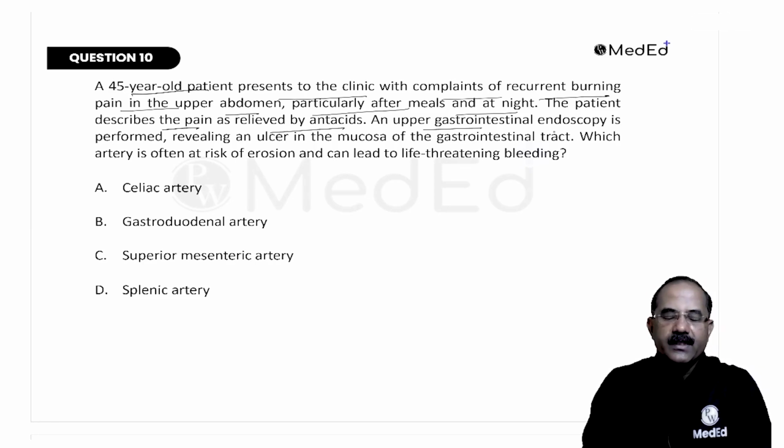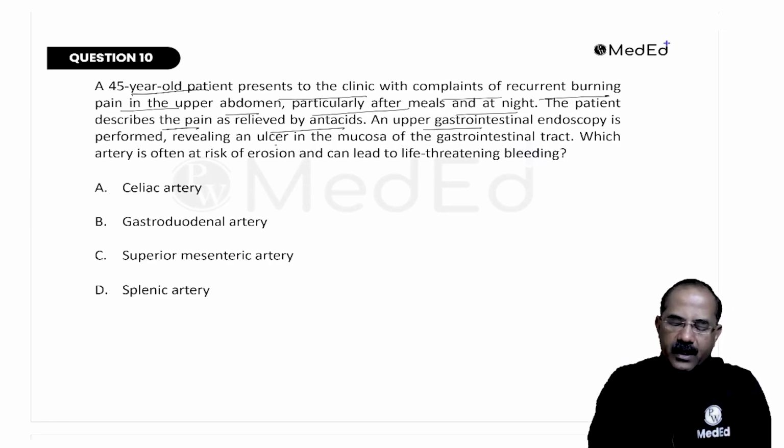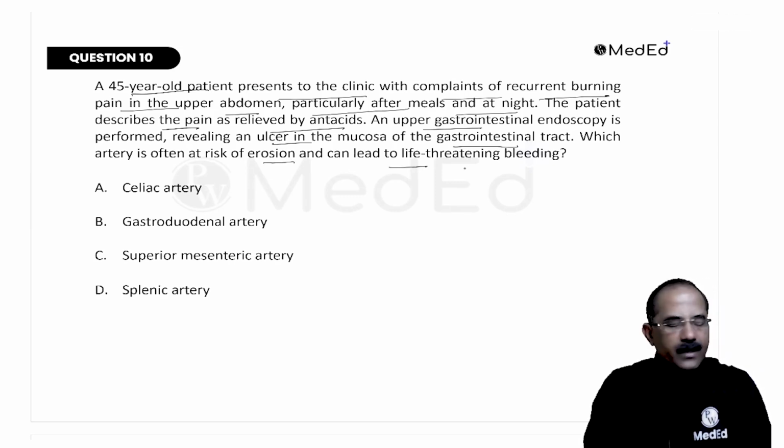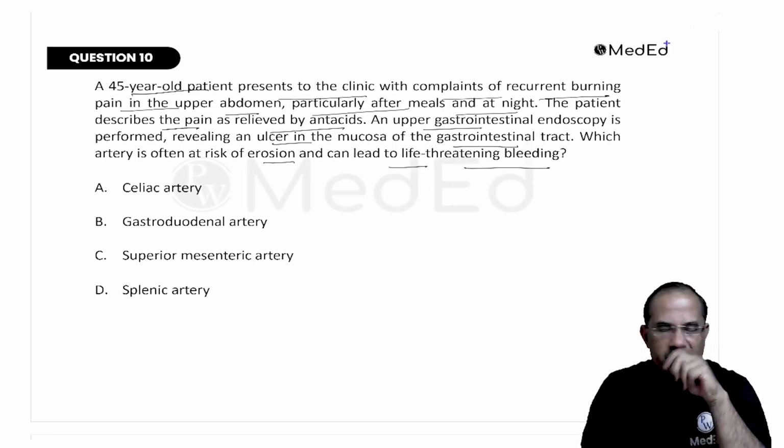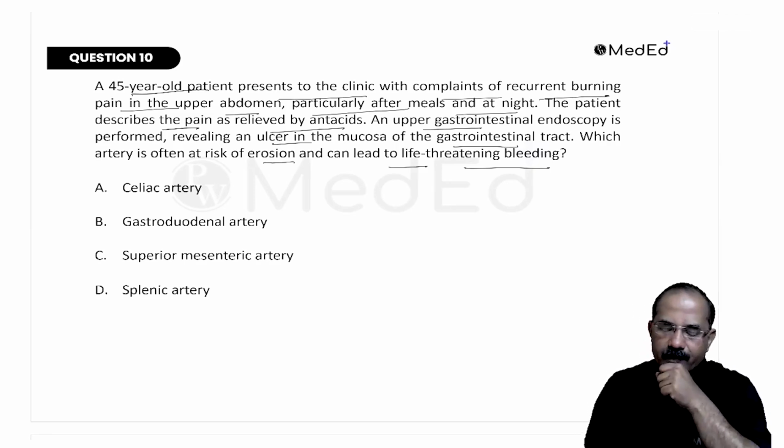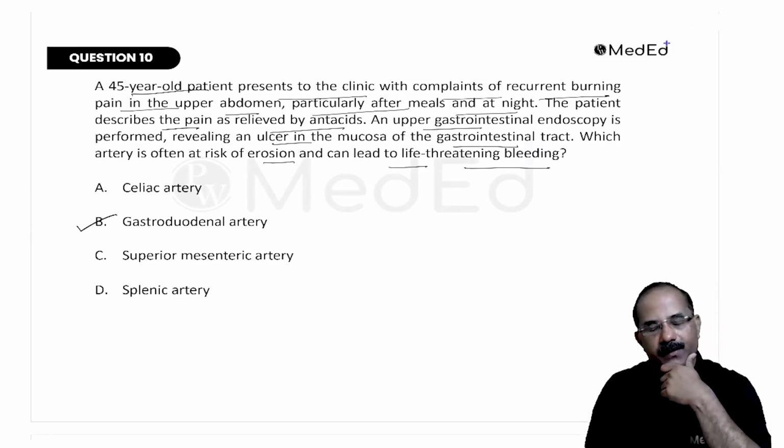An upper GIT endoscopy is performed revealing an ulcer in the mucosa of GIT. Which artery is often at the risk of erosion and lead to life-threatening bleeding? Answer this. It's not superior mesenteric, no. Answer is gastroduodenal artery.